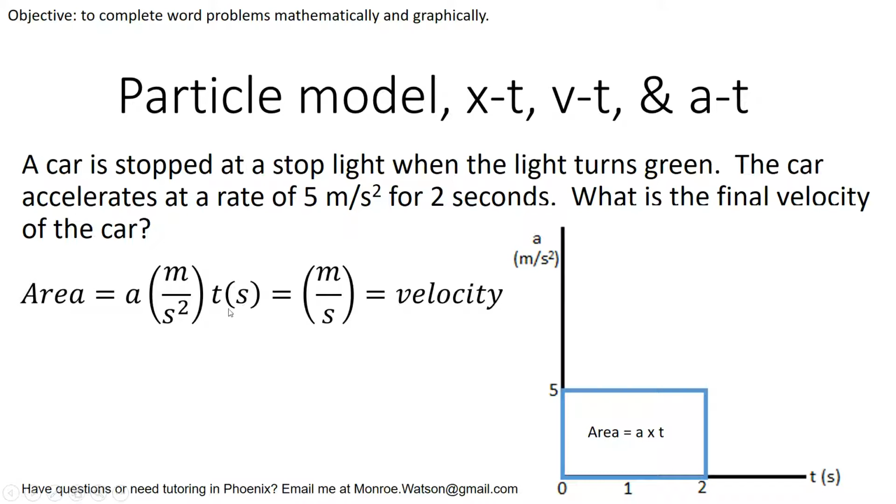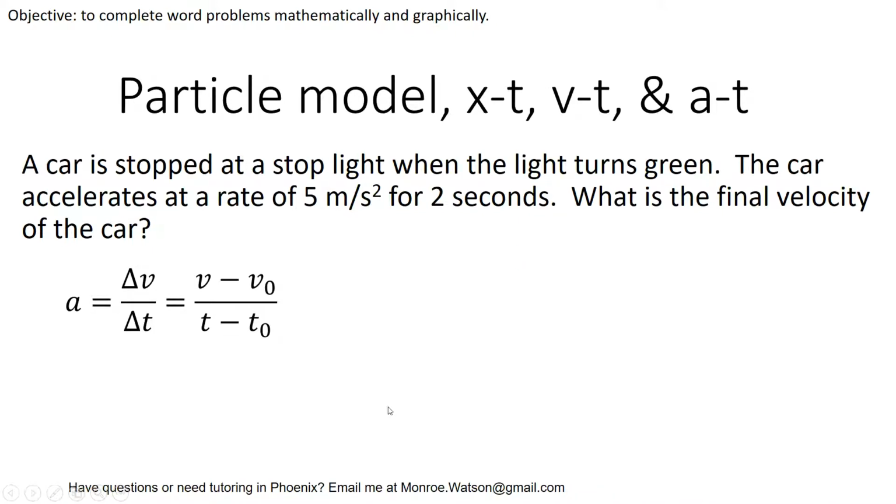The seconds cancels with one of these seconds, leaving me an answer in meters per second. That's what we call velocity. So when I plug in my numbers, I get 2 for my time and 5 for my acceleration, and there it is, 10 meters per second, which is exactly the same answer I got for the last way that I solved the problem.